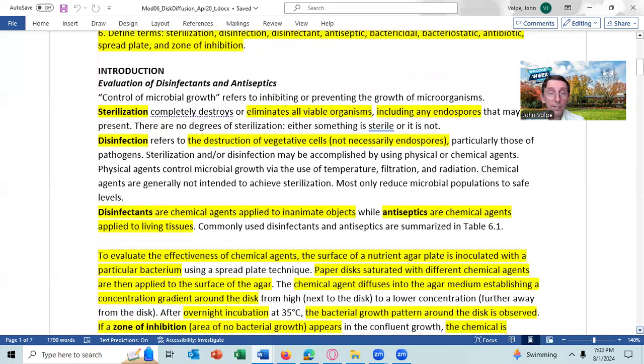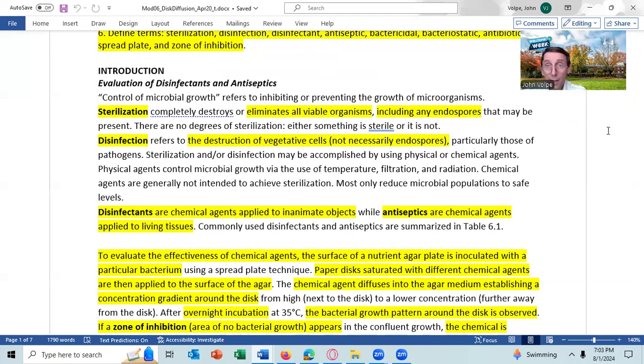All right, so let's move on to the evaluation of disinfectants and antiseptics. The term sterilization refers to the elimination of all viable organisms, including endospores. There are no degrees of sterilization. Either something is sterile or it is not.